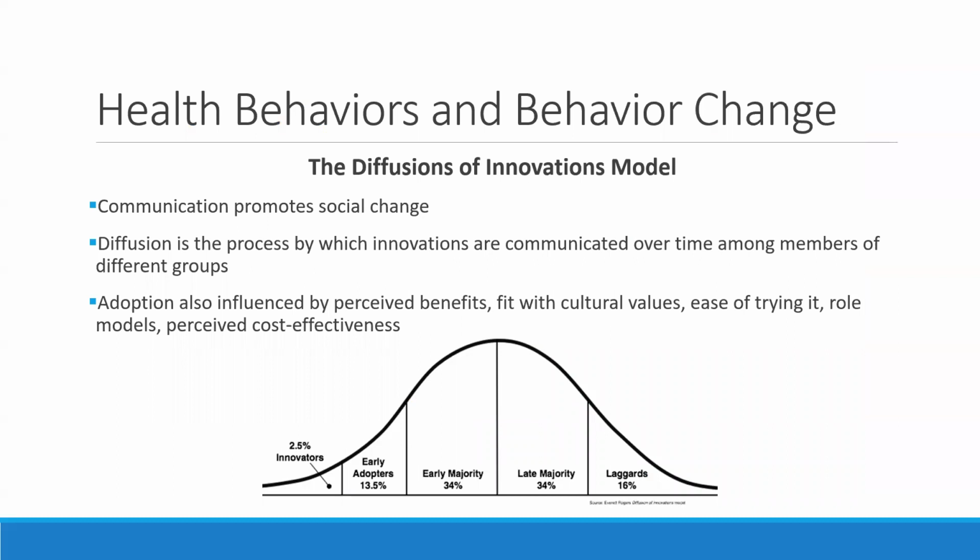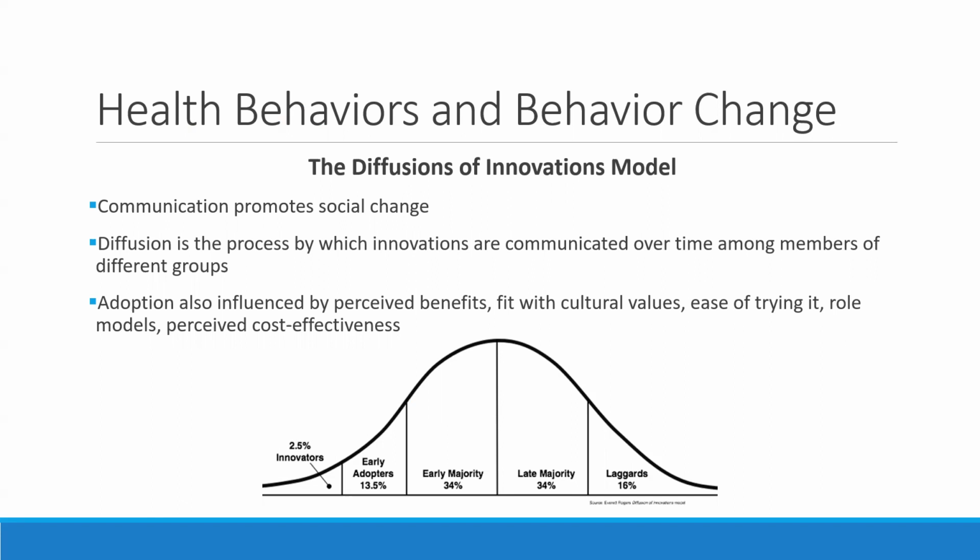Finally, the diffusion of innovations model. This is a model that tries to understand how an innovation, which can be a health program or even a health behavior, is communicated over a population and then adopted. It's been used really widely in marketing research and all sorts of research.